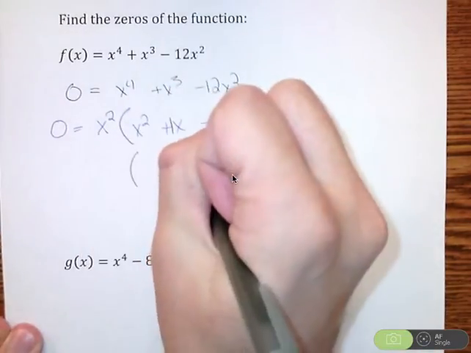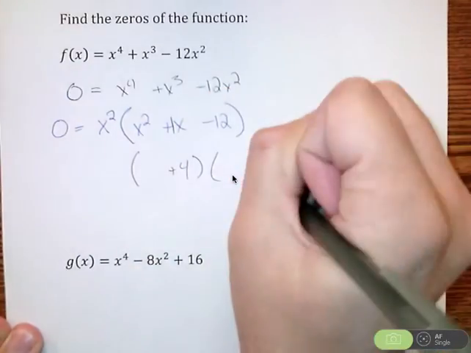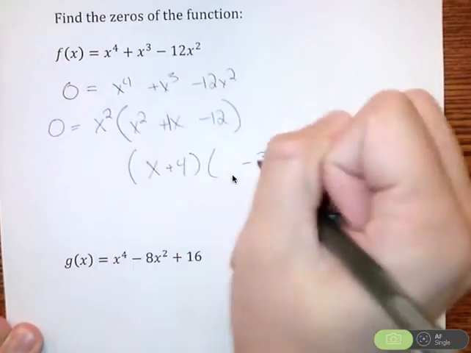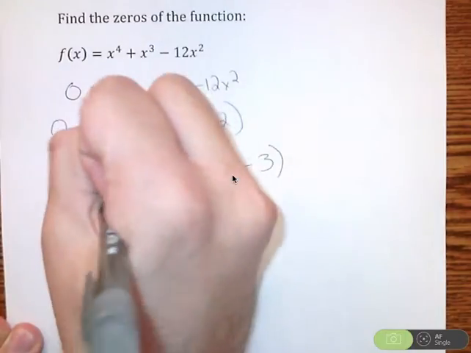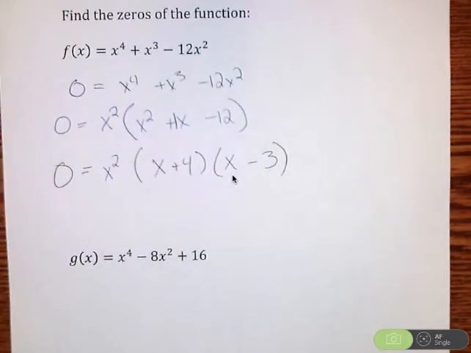Those numbers are positive 4 and negative 3. So I'm going to have x plus 4 and x minus 3. I still have my GCF there, which is an x squared. So I have 0 equals x squared, x plus 4, x minus 3. So this is completely factored.